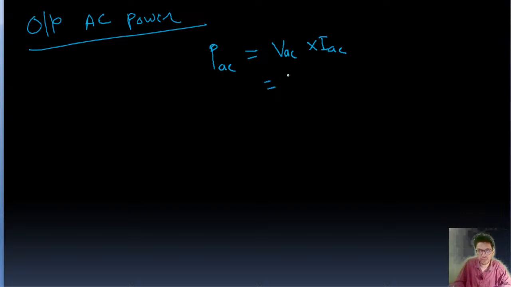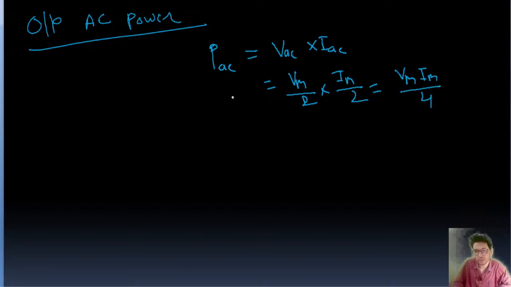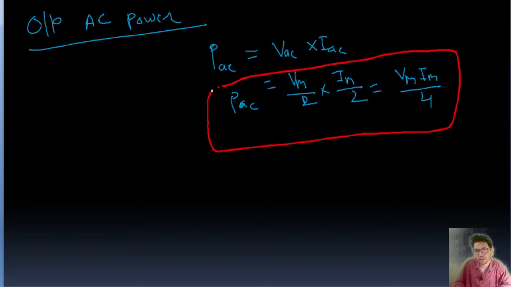And VAC value we know, that is Vm upon 2 into Im upon 2. So this value is going to be Vm Im upon 4. This is PAC, the alternating current power.